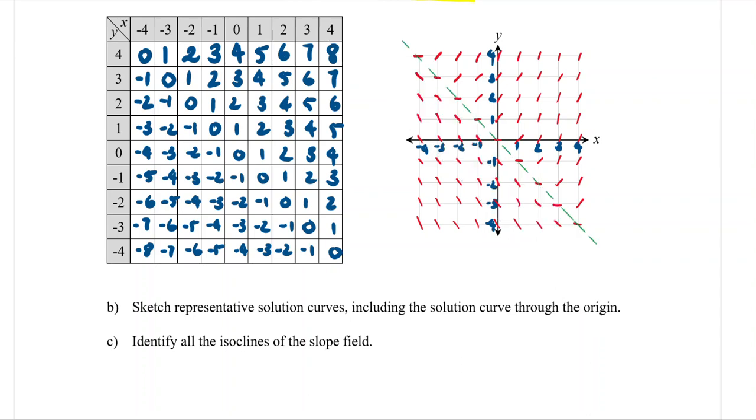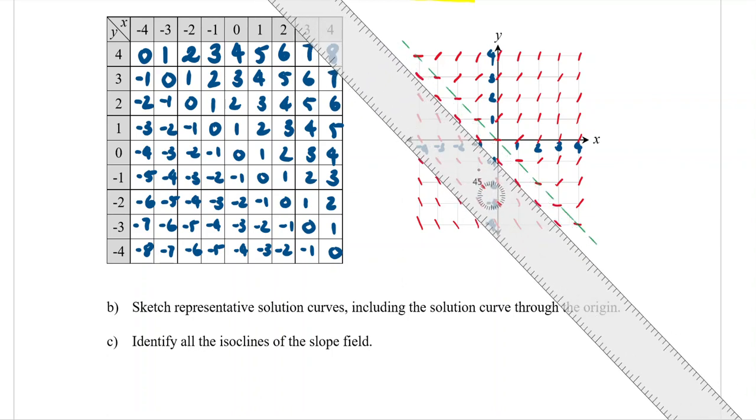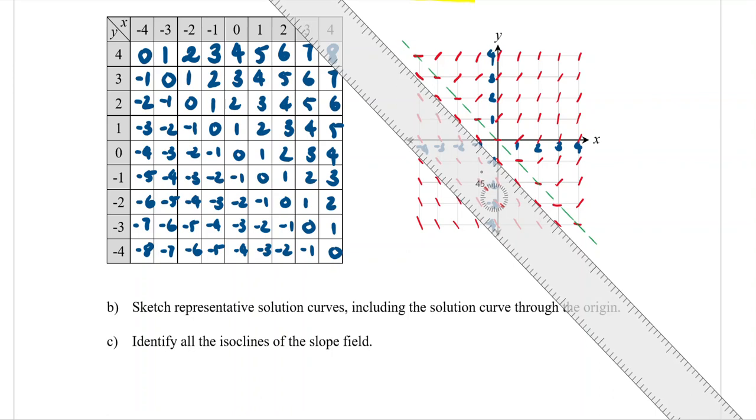There is another interesting thing that you can hopefully see in this slope field: if you go just one space down from there, all of those ones that I'm going through now all have a gradient of -1. So all those ones with a gradient of -1, that's what we call an isocline.